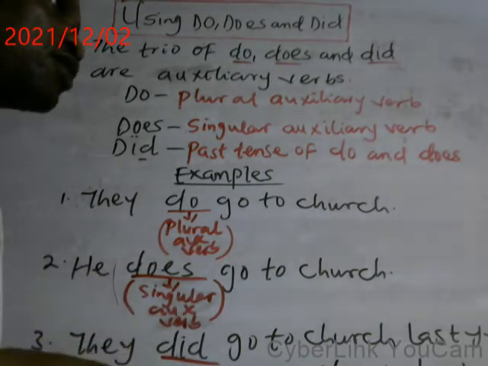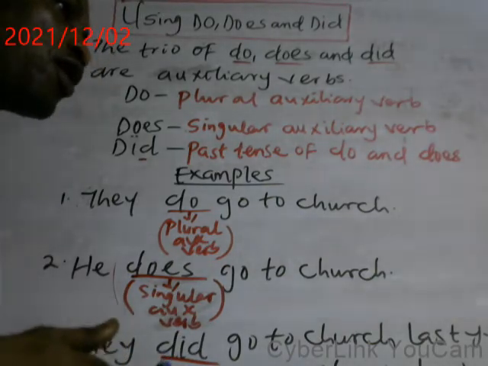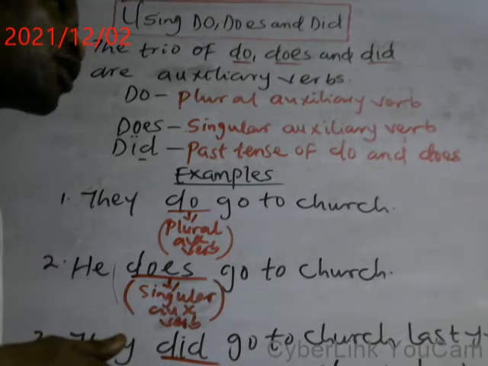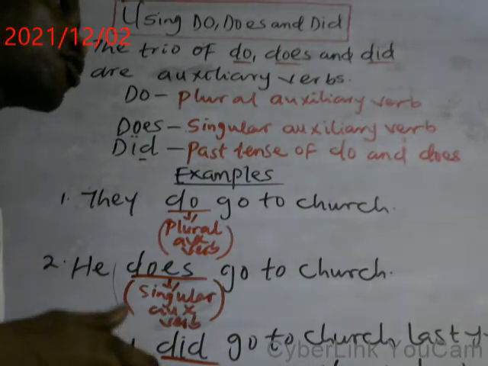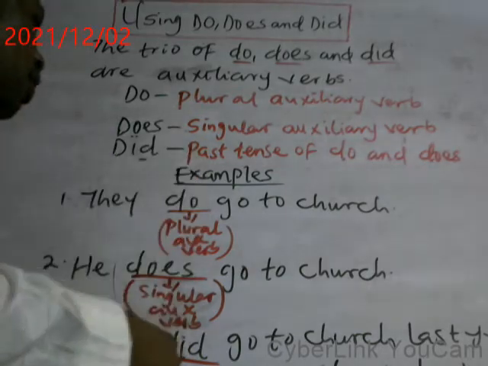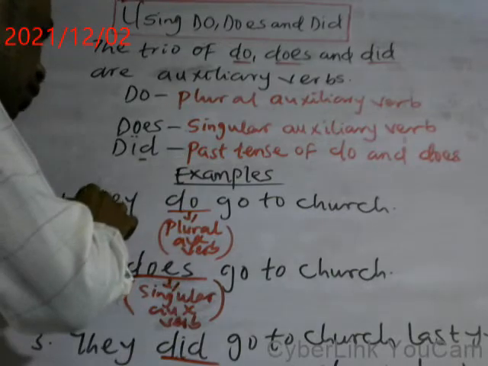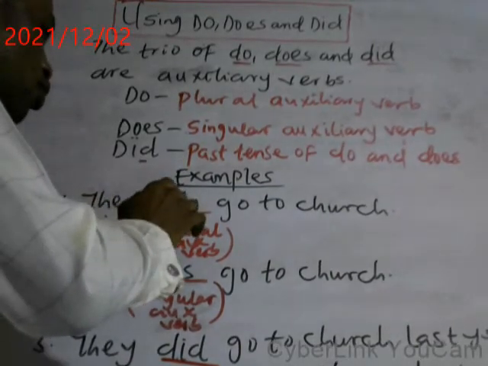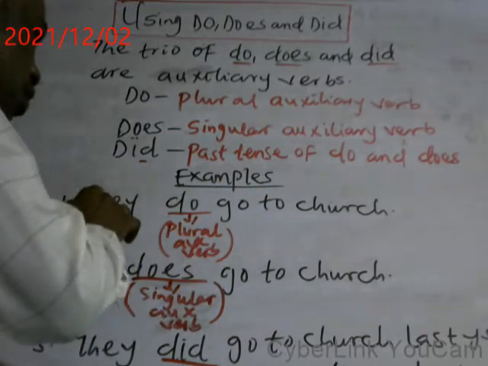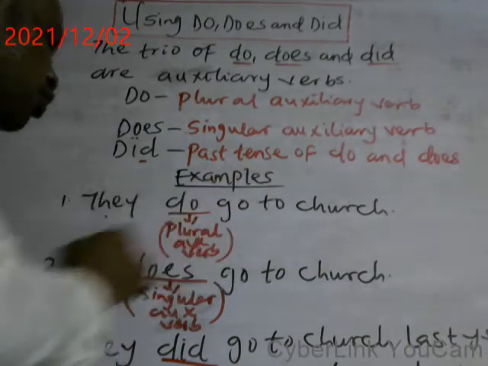Maybe when we are talking or when we are writing, how can we effectively make use of any of these in our sentence, either speaking or when writing? Look at this example on the board. Okay, number 1. They do go to church.